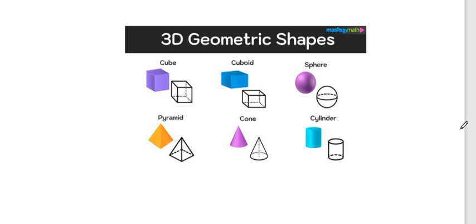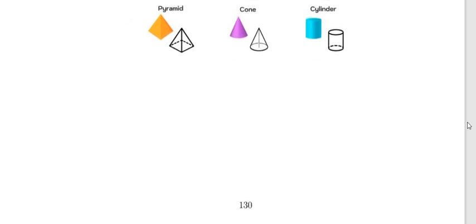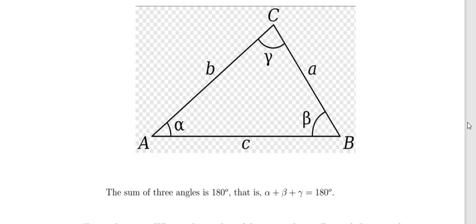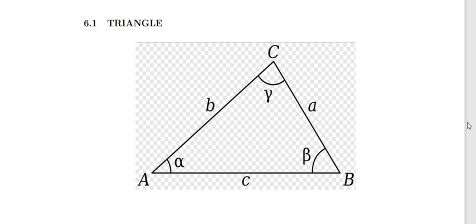Okay, so let's start with the triangle. A triangle is formed by 3 sides and 3 angles. So we have a triangle.